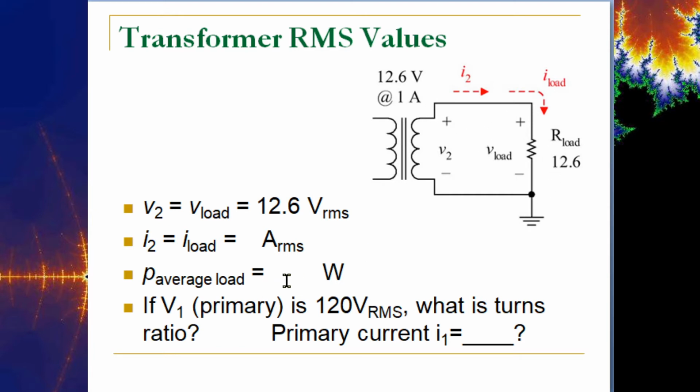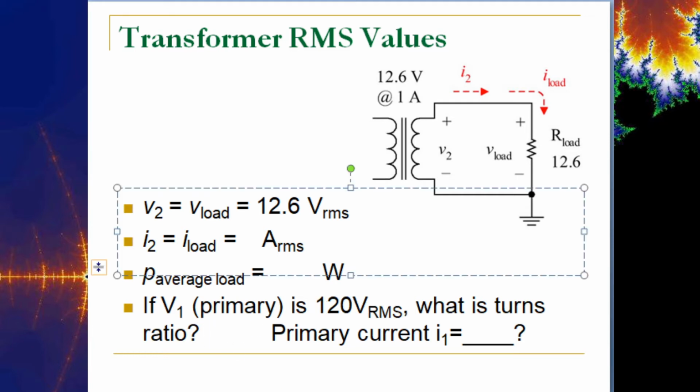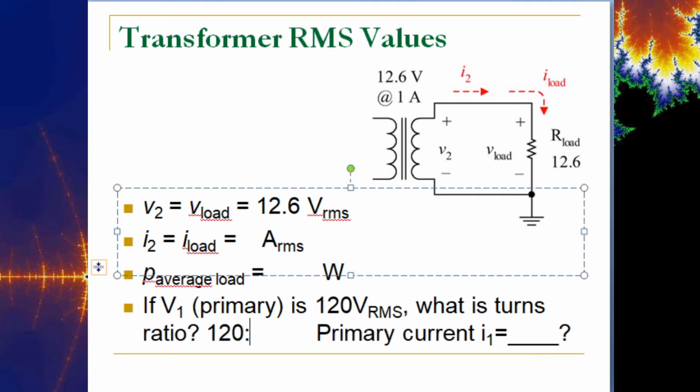That would be 12.6 watts of power dissipation on the secondary. To find the turns ratio here, essentially we've got 12.6 volts on the secondary, which means if we have 120 volts on the primary, this would be 120 to 12.6.